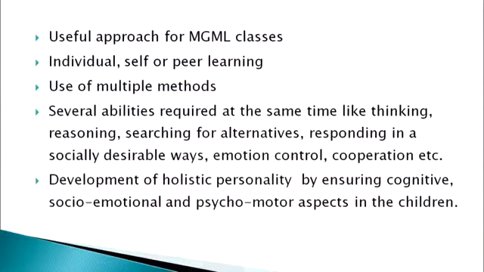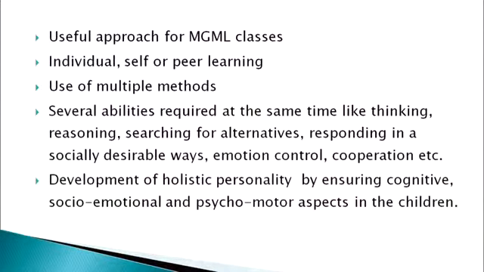Then in this learning, we are talking about several abilities which are required at the same time. Like the child needs to think, the child needs to reason, not only with himself or herself, but also with her or his peers, and search for alternatives in case of problems, respond in socially desirable ways, because we are working in a group.